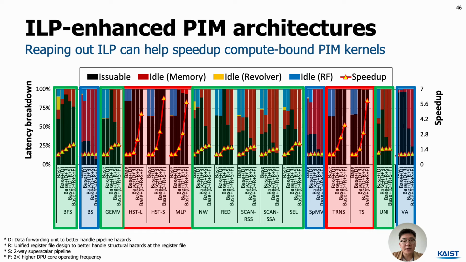And not surprisingly, for those workloads that are still memory-bound even under PIM colored blue, the benefits of ILP-enhanced designs are less pronounced. Overall, many data-intensive workloads exhibit a compute-bound behavior when executed with PIM, and we believe enhancing PIM's computational throughput will likely become much more important in future PIM designs.